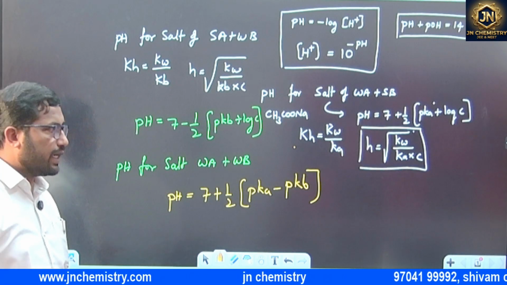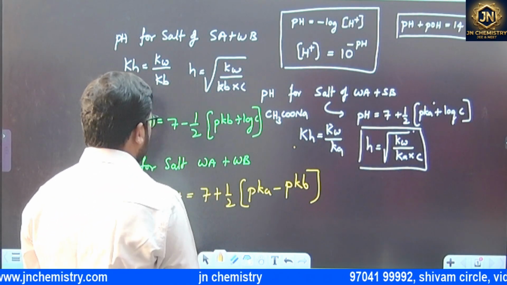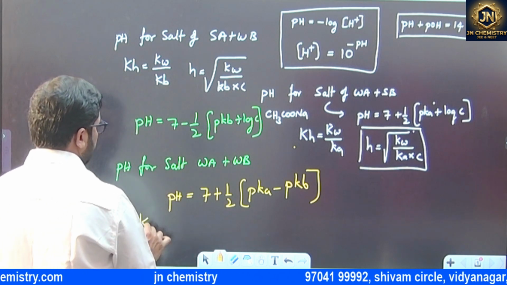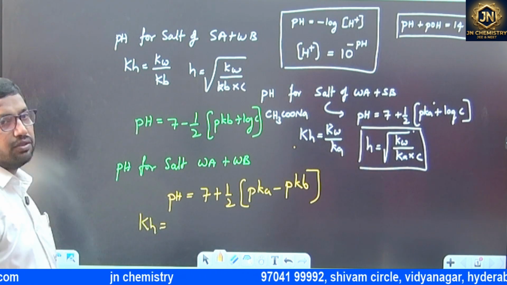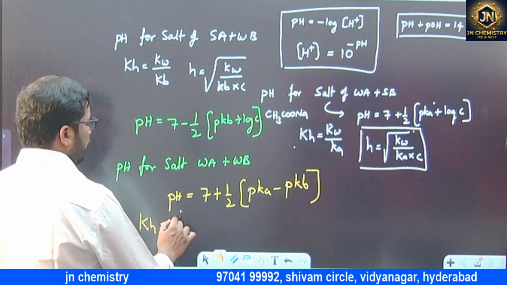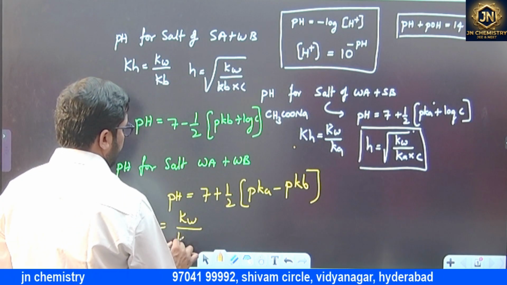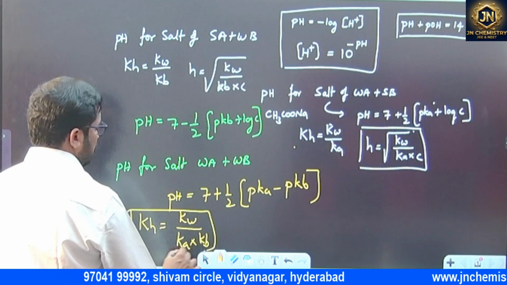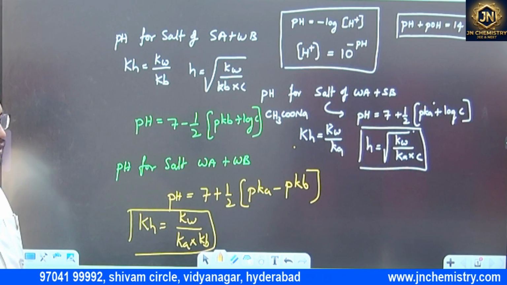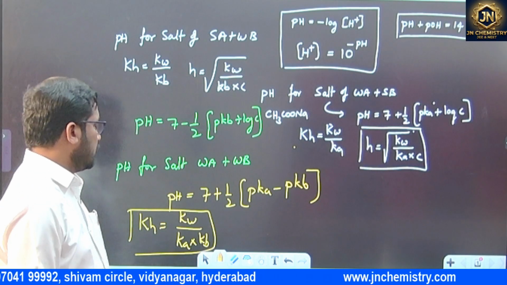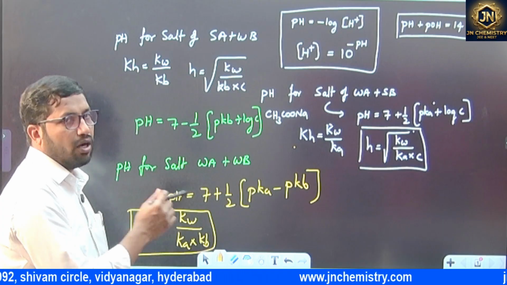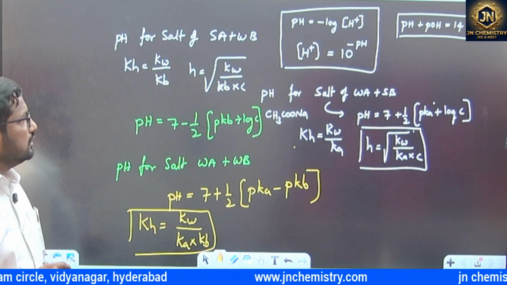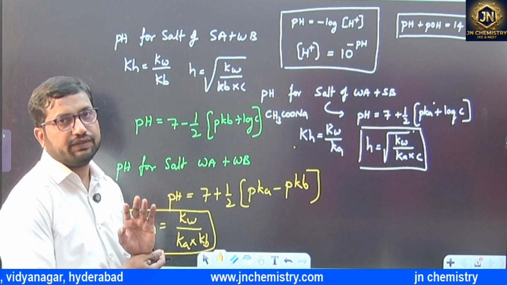So generally for weak acids, here Kh is equal to what? Kh is equal to Kw by Ka into Kb. H is under root Kh, means this is in the opposite direction. So these are the things which we discussed.